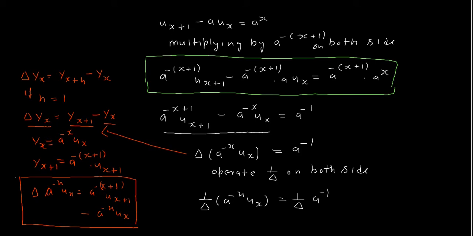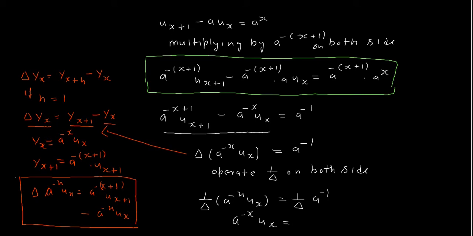What is the value of the left hand side? a to power minus x u(x). What is the value of the right hand side? 1 upon delta, the inverse of the forward difference operator, may be treated as an integration if we write the polynomial in terms of factorial notation.